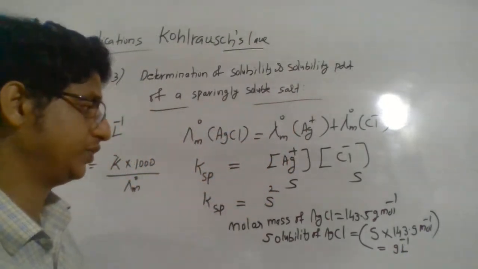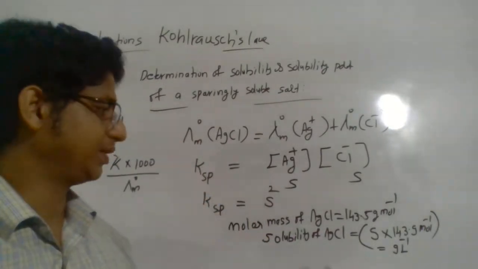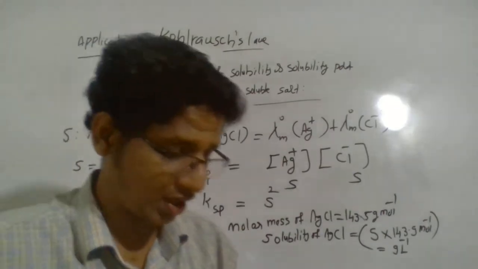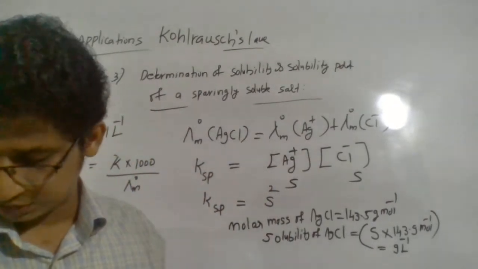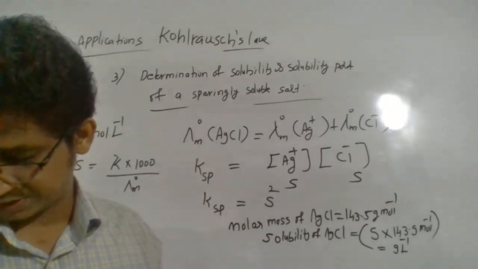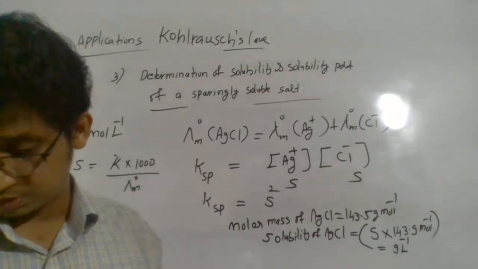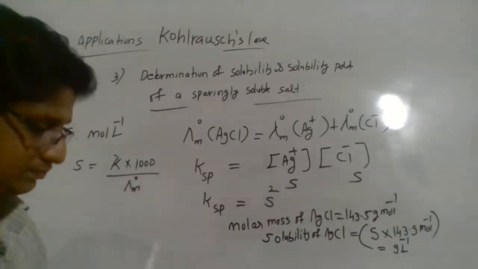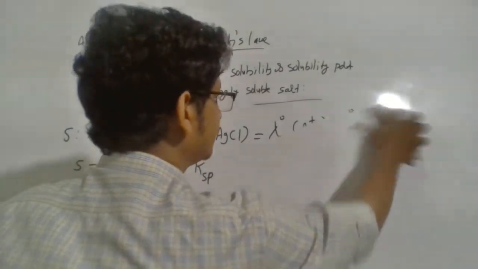The solubility is expressed in mole per liter, so multiplying by the molar mass will give you solubility in gram per liter. Depending on the question, sometimes you need to express it in either mole per liter or gram per liter. So that's the third application we saw.